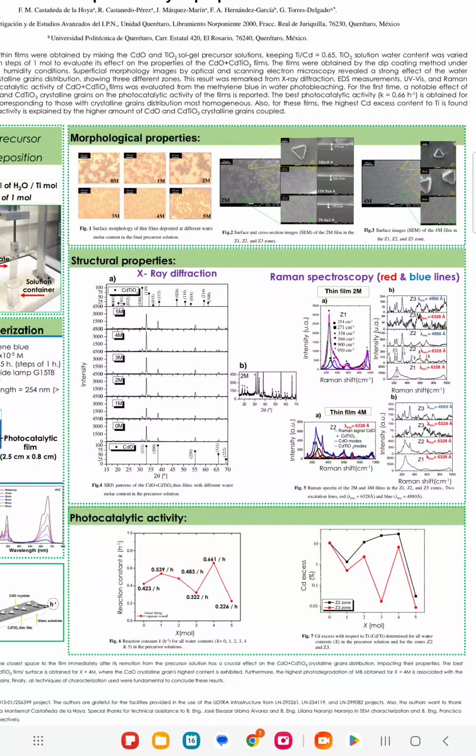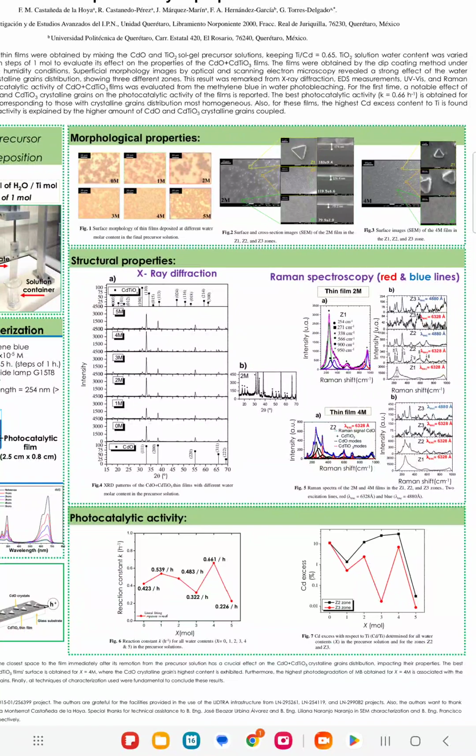As we can see from the results obtained from X-ray diffraction, from Raman spectroscopy, and from the morphological properties, for this film there are more cadmium oxide grains distributed on the surface, and the distribution is more homogeneous.